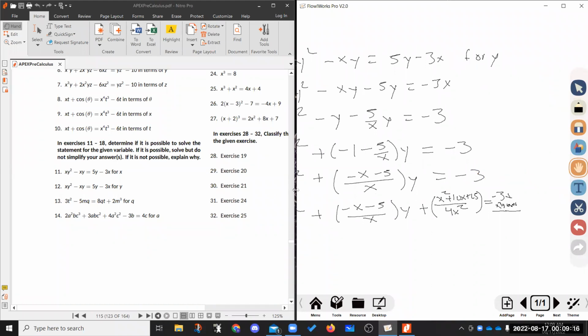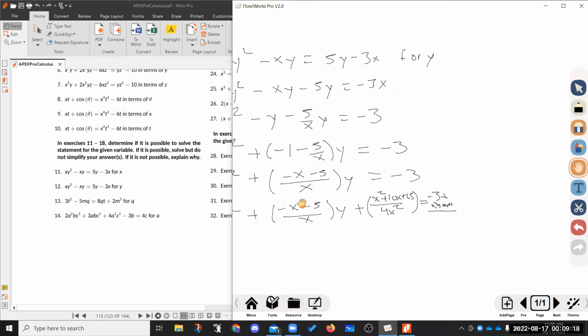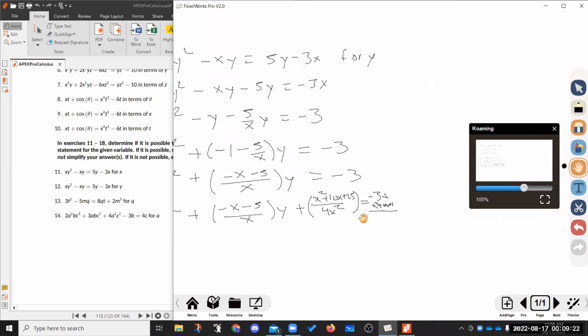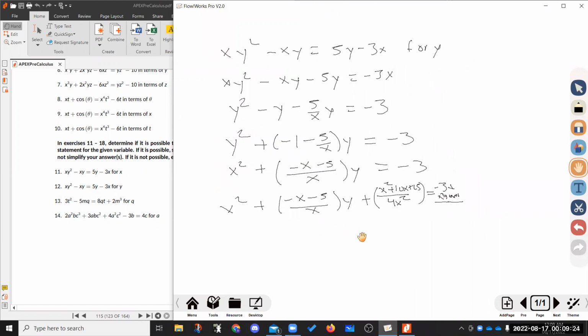Myself a little bit more room here on this problem. So -3 over 1 plus x squared plus 10x plus 25 over 4x squared.